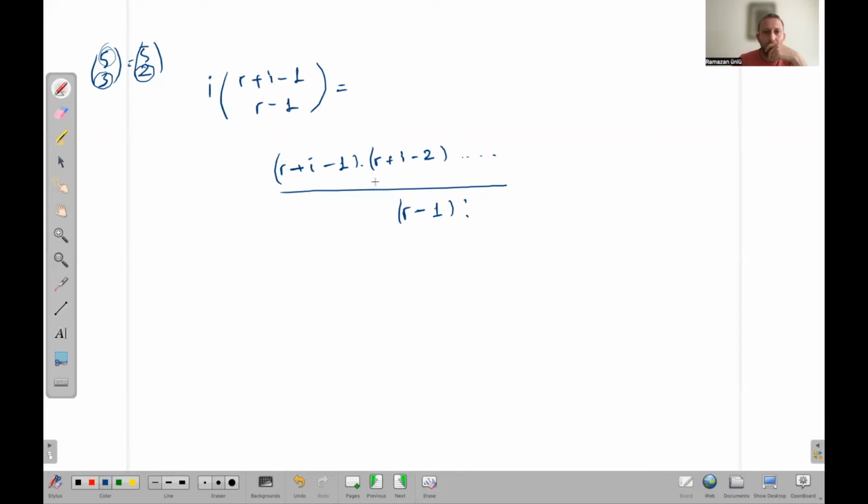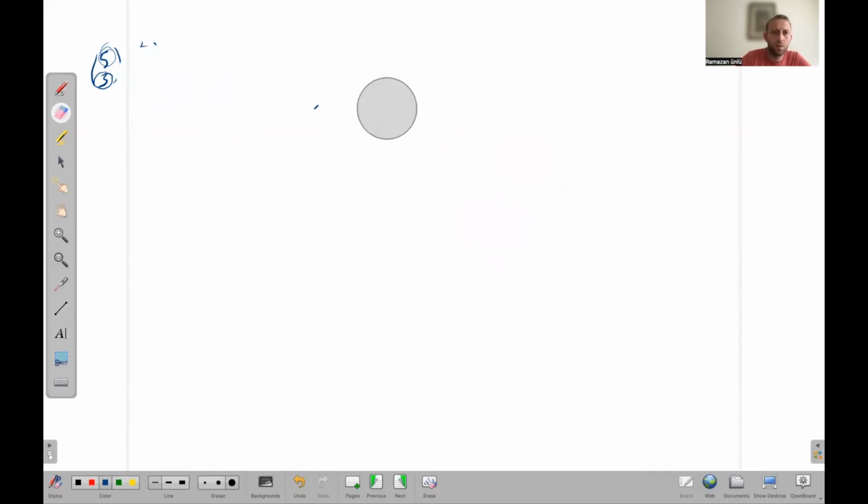Okay, let's do that. How do we change that term to another one? But first, keep in mind that 5 choose 3 will be equal to 5 choose 2, right? If the summation of these two guys is equal to this one, they will be equal.